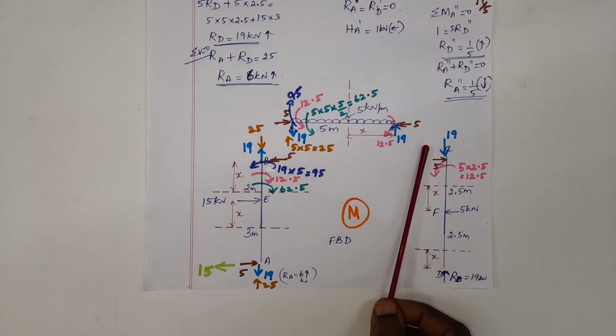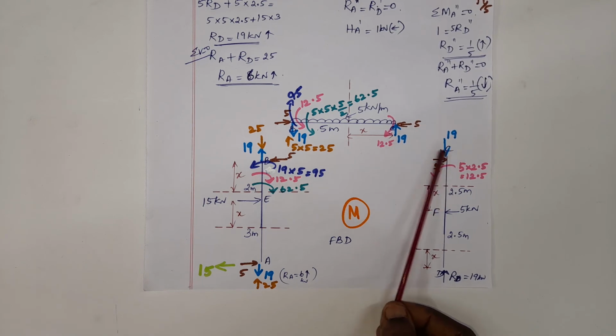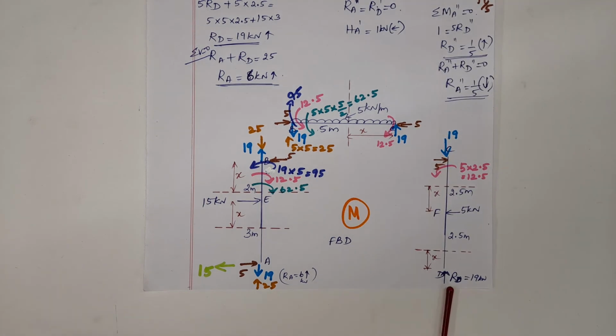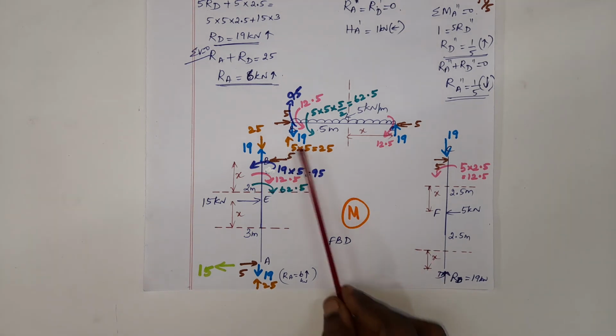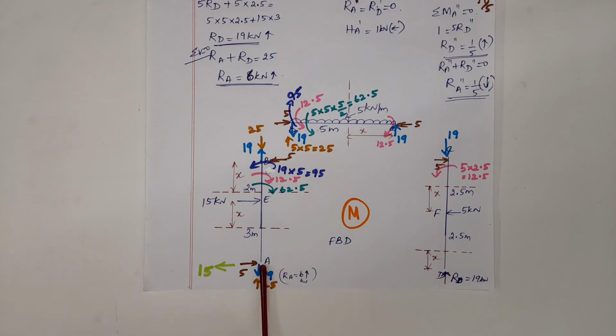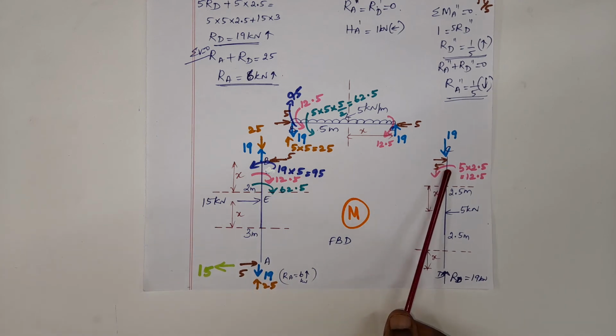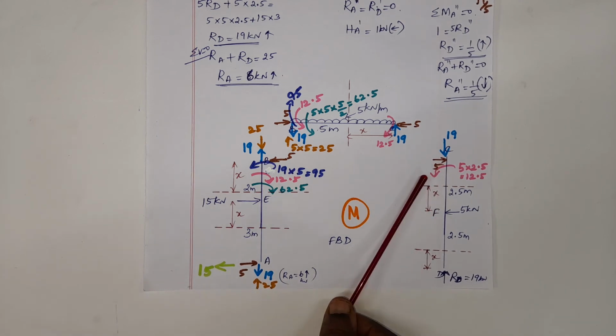At the joint to be in equilibrium, again it will have an equal and opposite force. This 19 kilonewton till C, it will be an axial force. Since it has a distance from D to A, RD causes a moment at joint B because it is separated by a distance of 5 meters. Here it doesn't have any moment because it is an axial force.